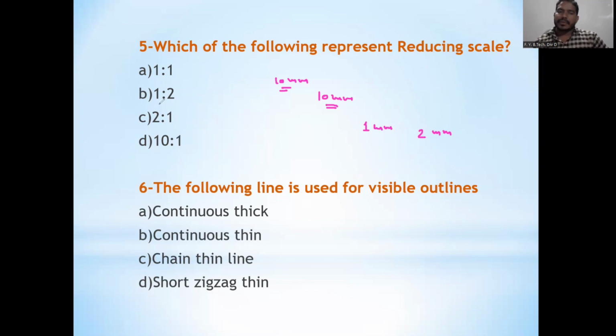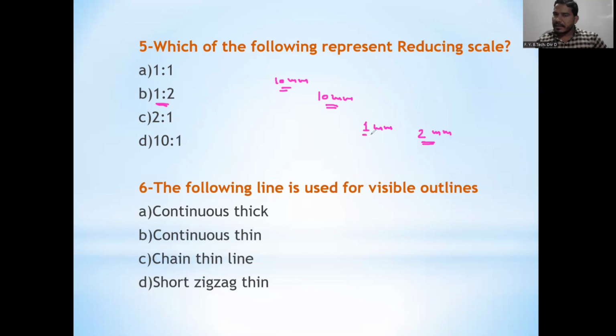At that time we call the scale 1:2. We have to check whether it matches our question, which of the following represents the reducing scale. The actual size is not what we use on our drawing sheet.